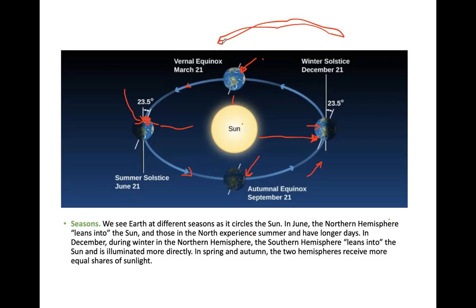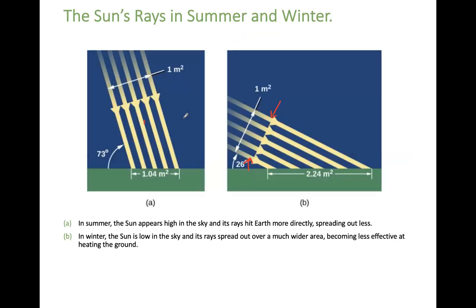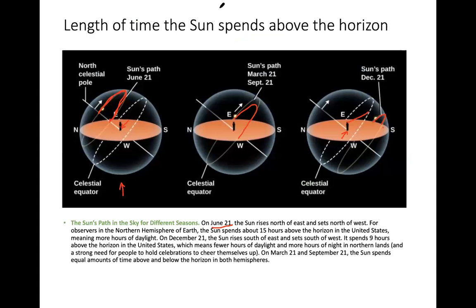If you locate where it rises tomorrow, and then look at the same thing after 3 months, you will see that it is not the same position, right? We used to say that the sun rises from the east and sets in the west, but exactly it is not rising from the east, right? So it changes a bit over time. And that change is actually much larger for the northern and southern hemispherical countries. Right, so that's the section about the seasons.